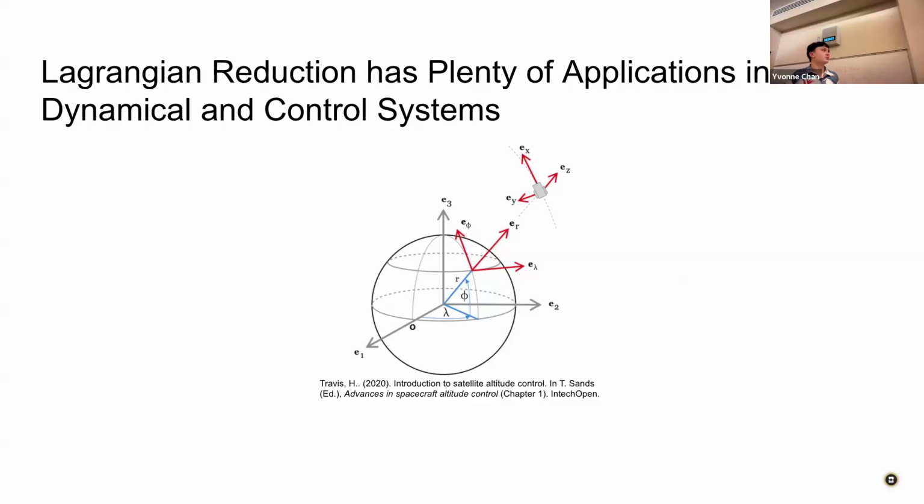We can derive Lagrangians for all of these things, and ultimately we can reduce the amount of time that a computer has to spend computing trajectories or control inputs, by using this work to derive simplified equations.